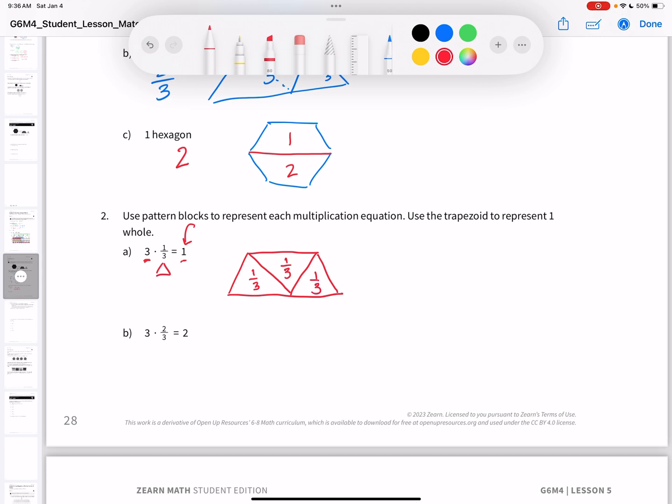And there are 3 1/3, so 3 times 1/3 is 1. And we can see that because 3 over 1 times 1 over 3 equals 3 over 3, which reduces to 1. B, 3 times 2/3 is 2.